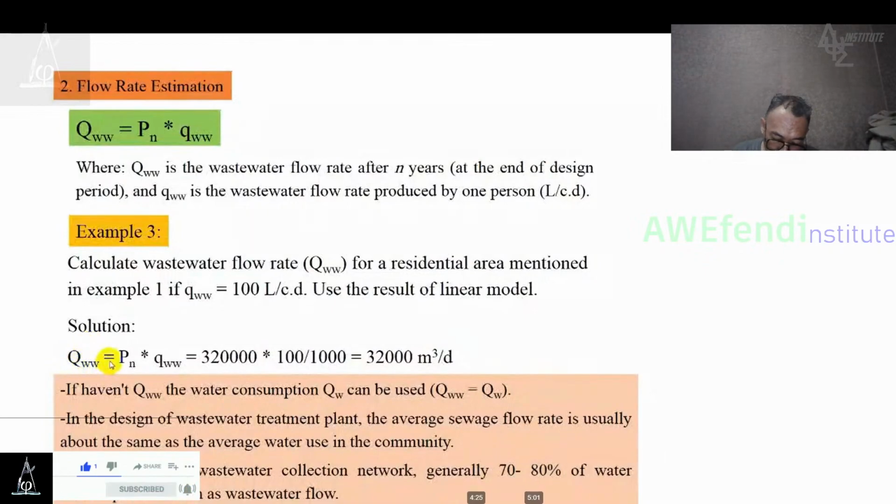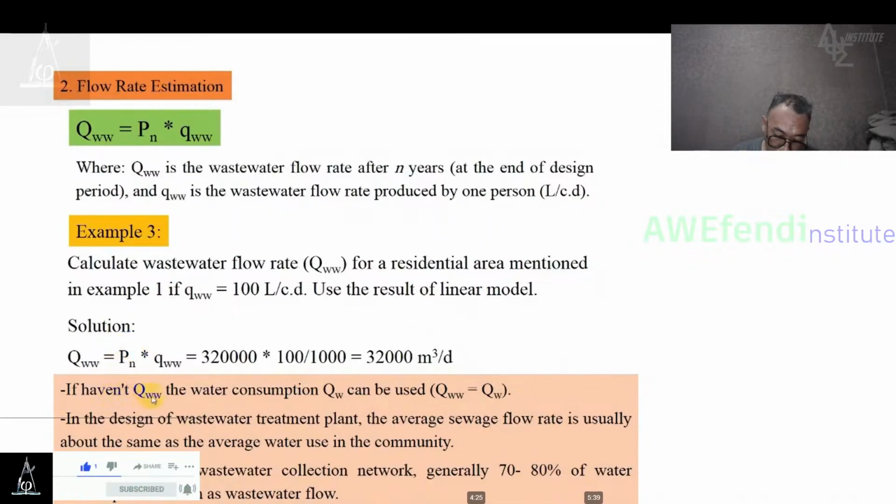Q wastewater equals Pn times q wastewater equals 320,000 times 100, which is q small ww, divided by 1,000 to convert to cubic meters. The result is 32,000 cubic meters per day. So the population forecasting to use here just to calculate the flow rate.